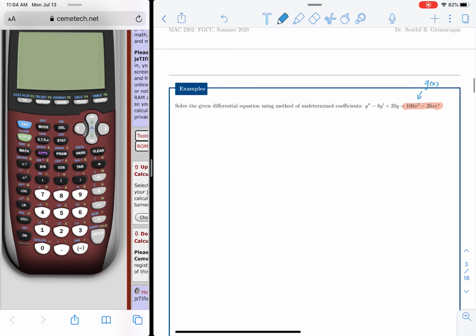So first, we have to write the associated homogeneous equation. And that would be y double prime minus 8y prime plus 20y equals 0.